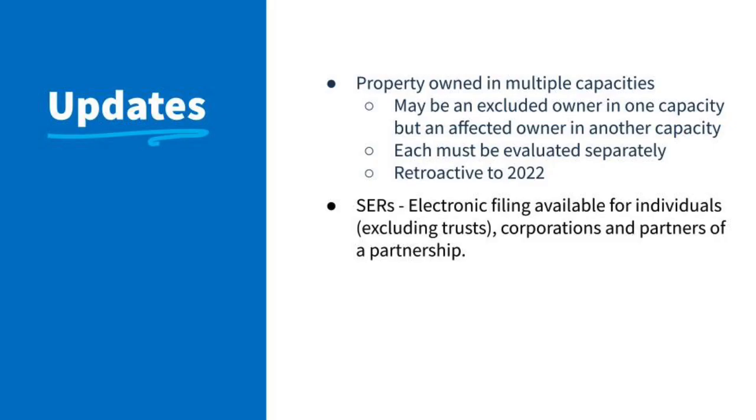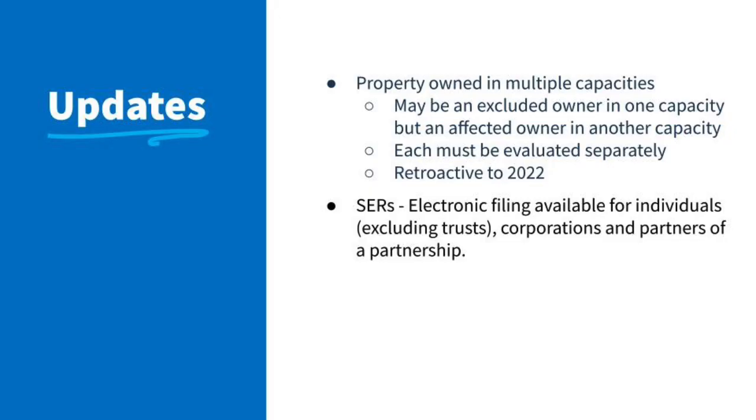Also new in 2023 was the addition of the requirement to file multiple UHT returns in the case where an owner is an owner in multiple capacities. So they might own a property, for instance, in part as an individual and in part through a corporation or some other entity.